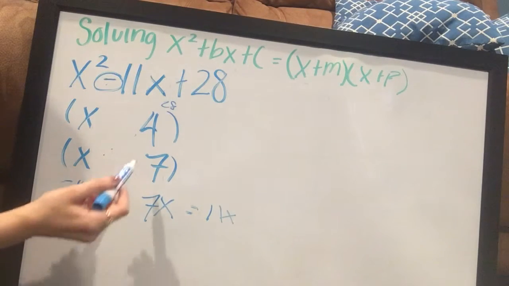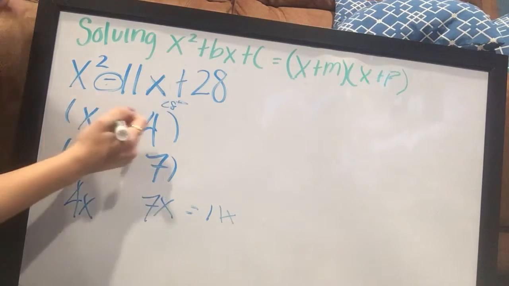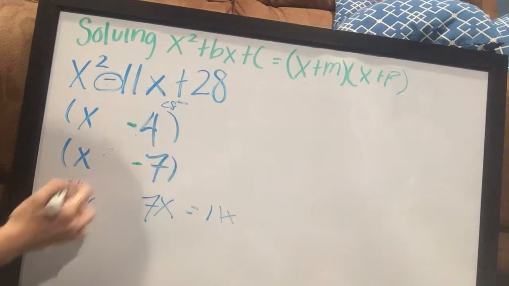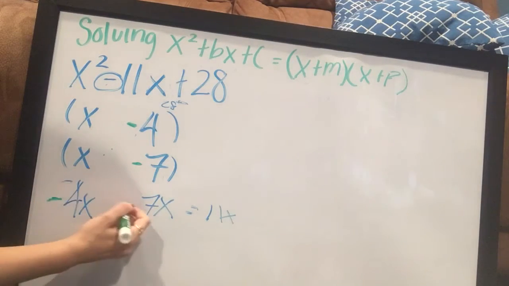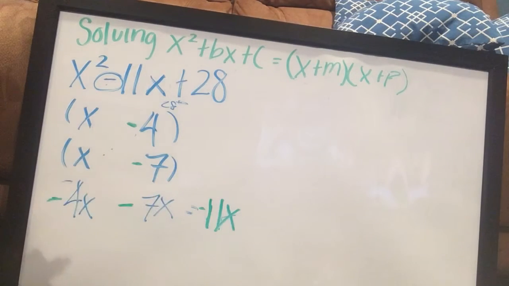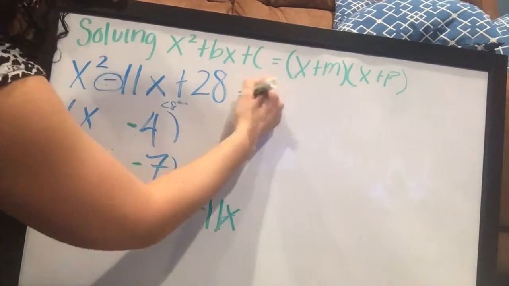Now, when I multiply them together, they give me a positive 28. So only way I could have a negative 11x and a positive 28 is if both of them are negative. So I have negative 4 times x gives me negative 4x, minus 7x gives me a negative 11x, which is exactly what I want. If this gets so sloppy, guys, just rewrite it.